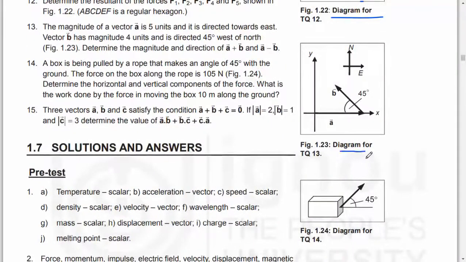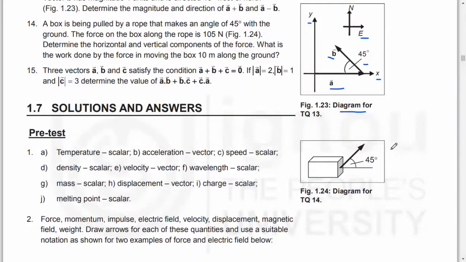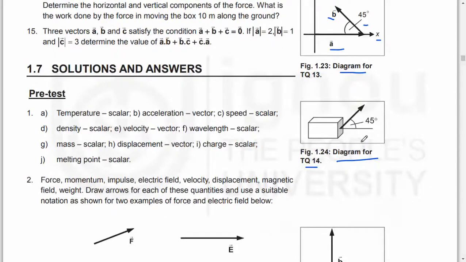Diagram of TQ13: X, Y, A, B, 45 degree, north and east. Diagram for TQ14, 45 degree.